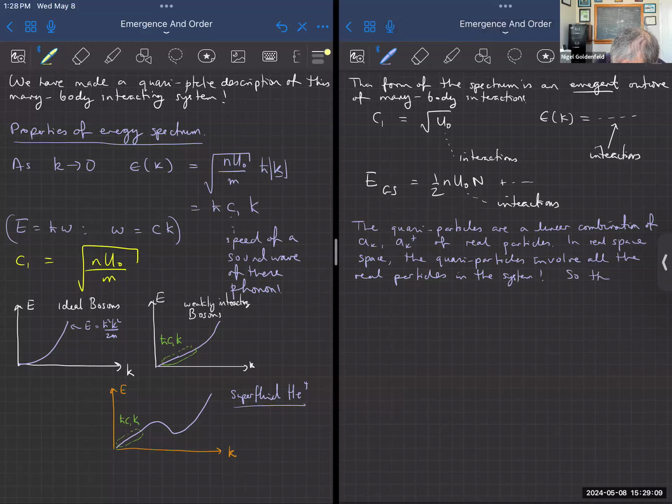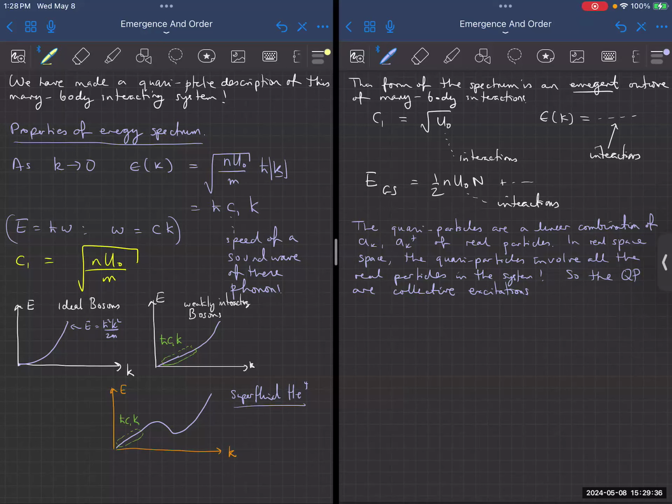So the quasi-particles are collective excitations of the system. So you can observe them by their effect. They arise from the way that we describe the system. But what we've shown is that at least within this theory, it is possible to find a non-interacting way to describe an interacting system.